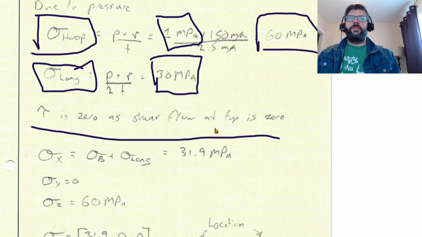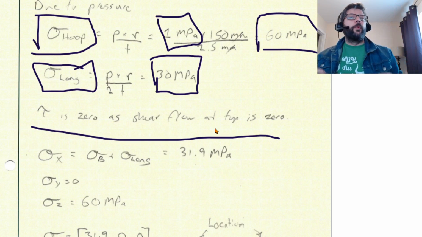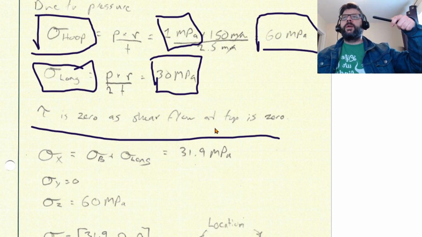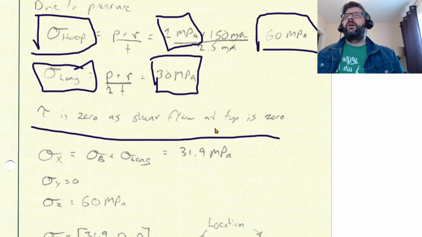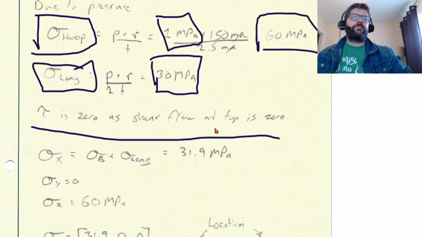So the shear flow is 0 at the top, shear stress is 0 at the top, but the top or the bottom, works for both of them, for either of those cases, that's where our bending stress is the highest. So our highest bending stresses occur at the spot where shear stress is the lowest. It's 0 where the bending stress is the most critical. So shear stress is 0 there.